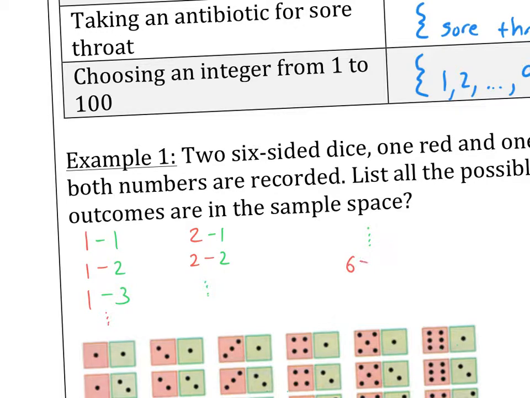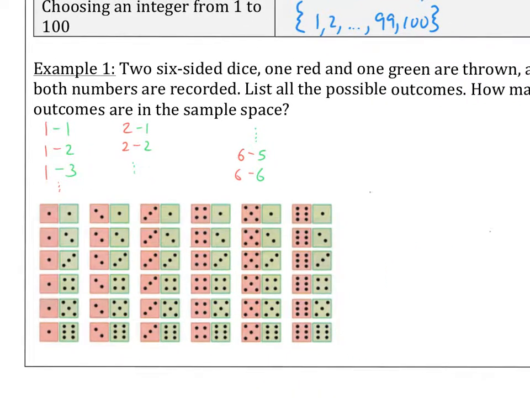We have 6, 6. So 6 options on the red, 6 options on the green, total of 36 possible outcomes.